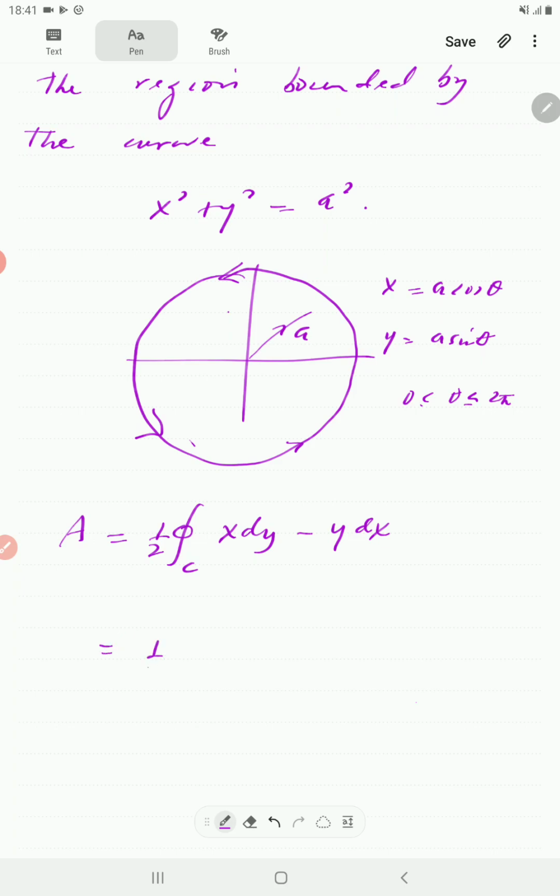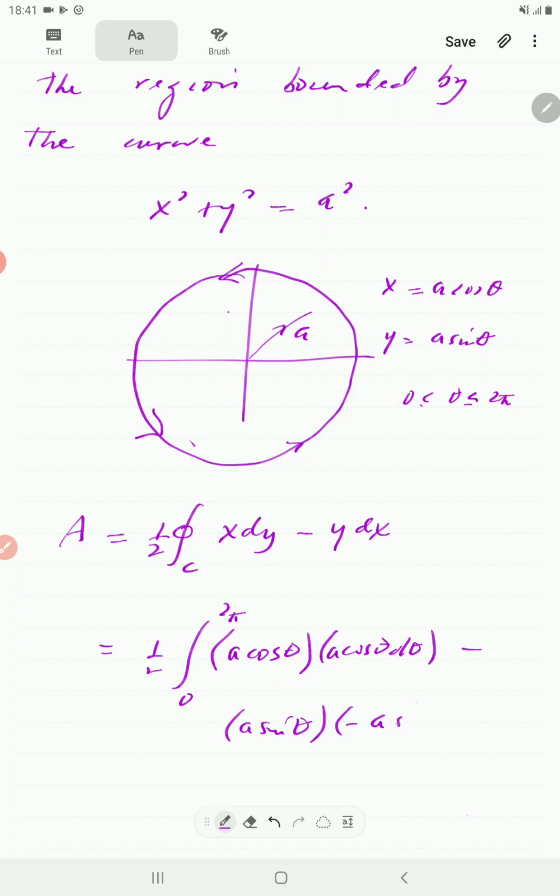So we simply plug into this: integral from 0 to 2 pi, x is a cosine theta, dy is going to be a cosine theta d theta, and then take away y, which is a sine theta, dx is going to be negative a sine theta d theta.